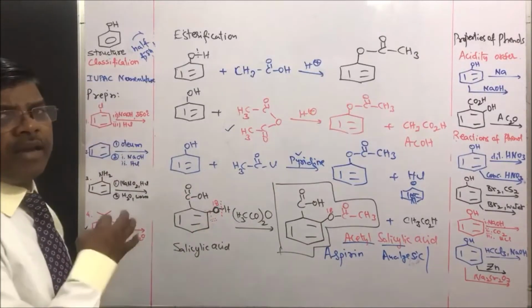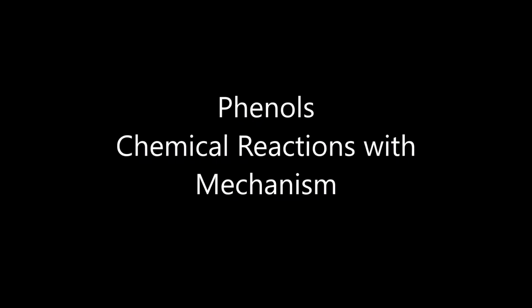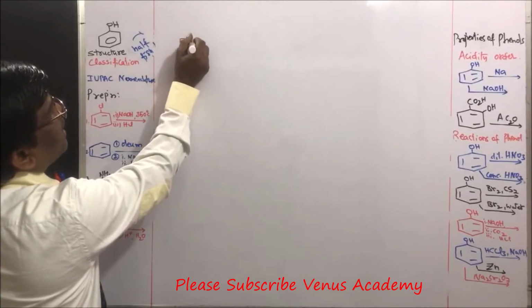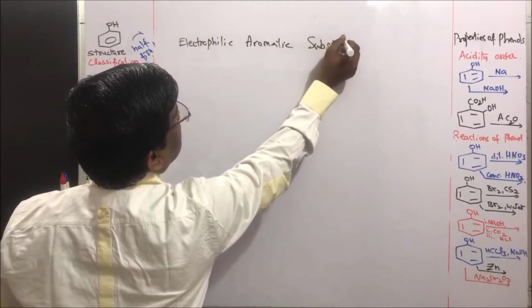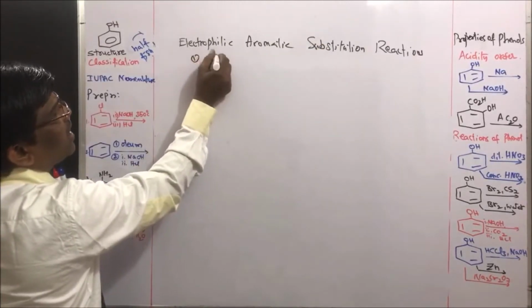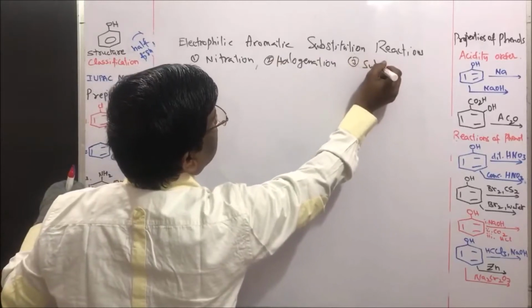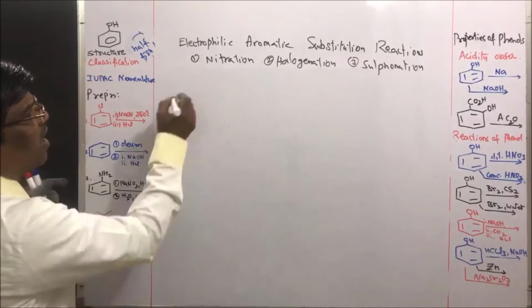Let us see the chemical reactions of phenols. Yes students, phenols undergo electrophilic aromatic substitution reactions, for example, nitration, halogenation, sulphonation. So these are the common reactions. And what is the orientation of phenols?